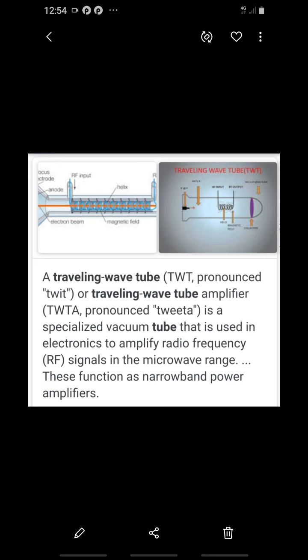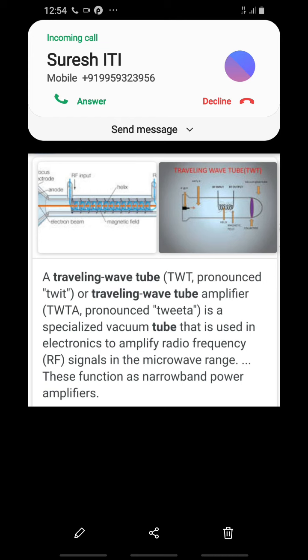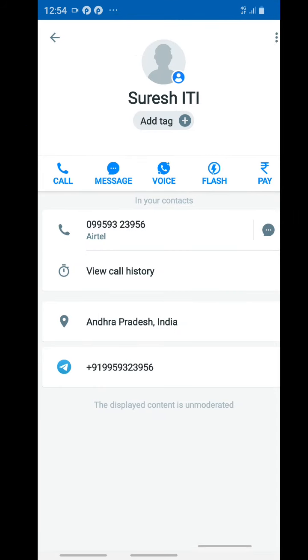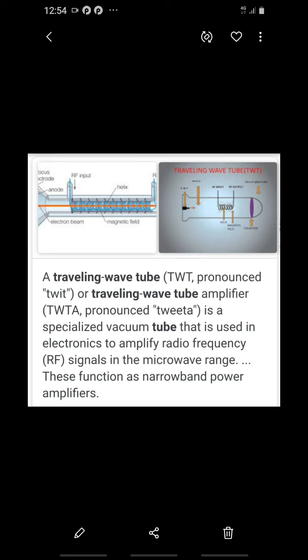Collector: it is made positive potential, and as a result the beam is attracted to the collector and acquires a high velocity.